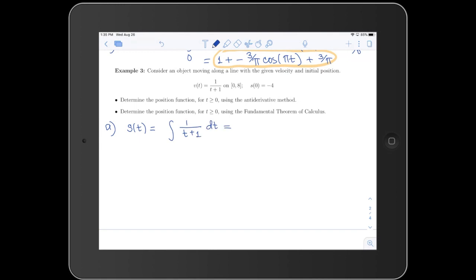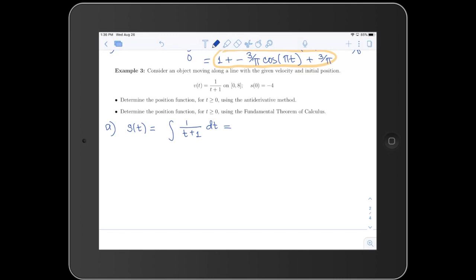Okay, what is the antiderivative here? Does anyone know? One over stuff.